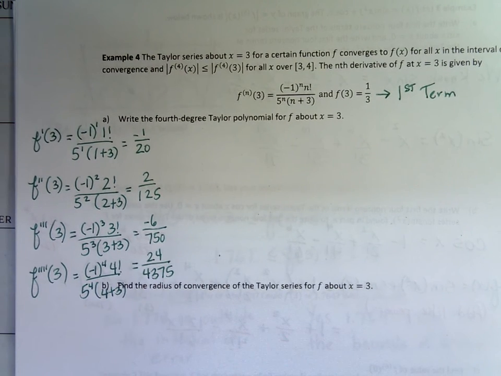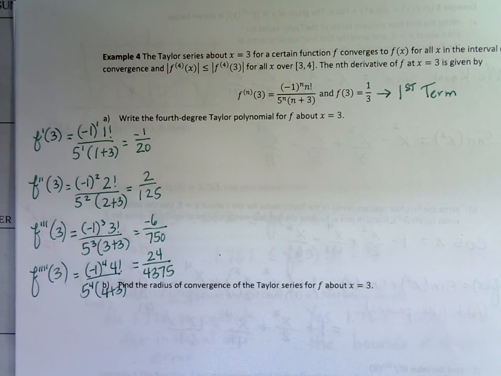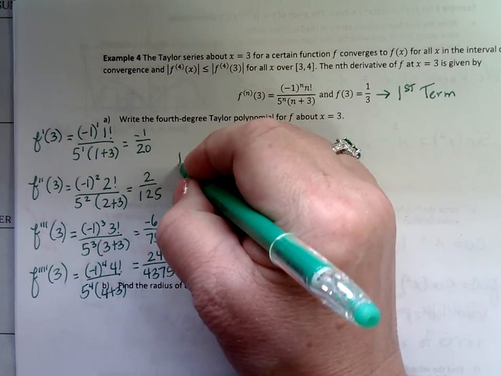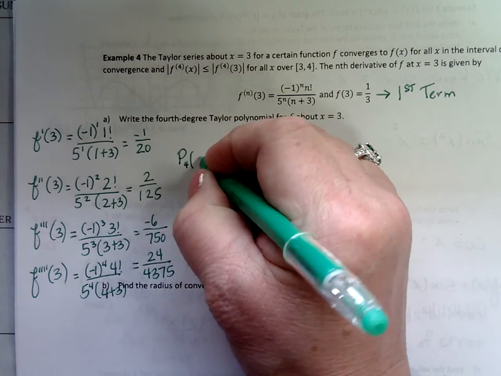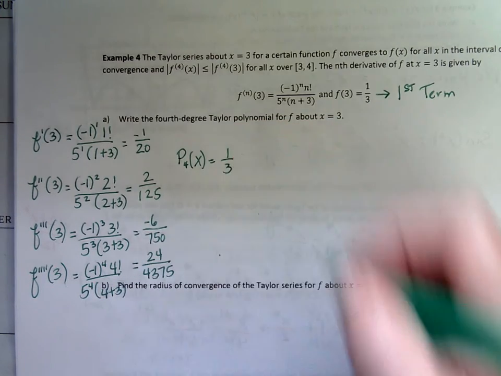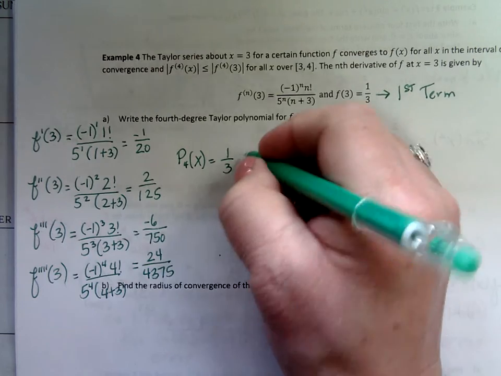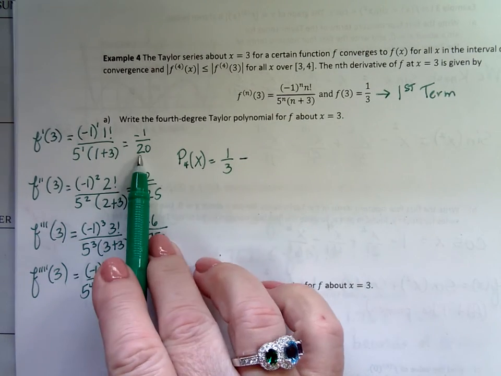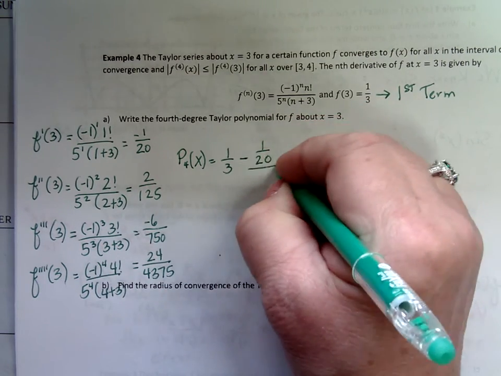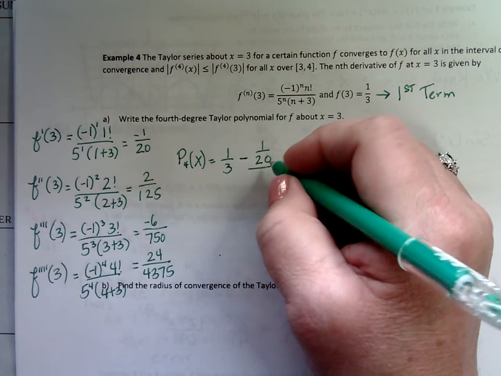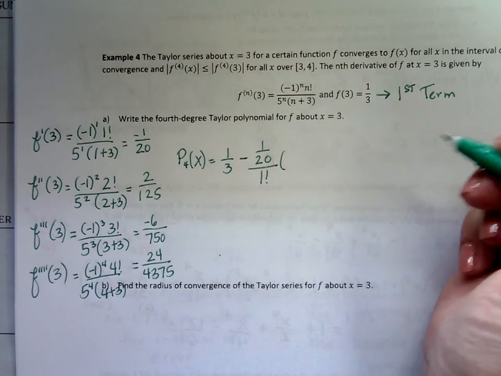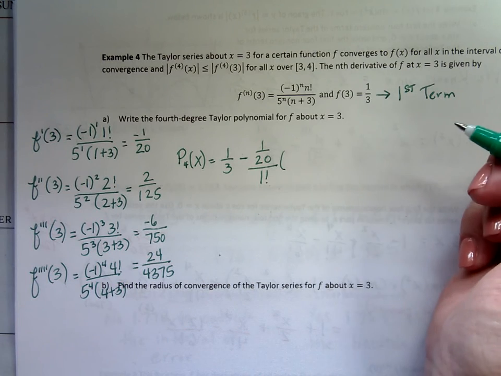All right, now you're ready to generate the polynomial. So here it goes for this guy. My polynomial of 4th degree has a first term of 1/3. Minus, because it's a negative 1 over 20, so I've got negative 1 over 20 over 1 factorial. Don't forget you still have to put them over their factorials, times my centered group, which is at 3, so x minus 3.